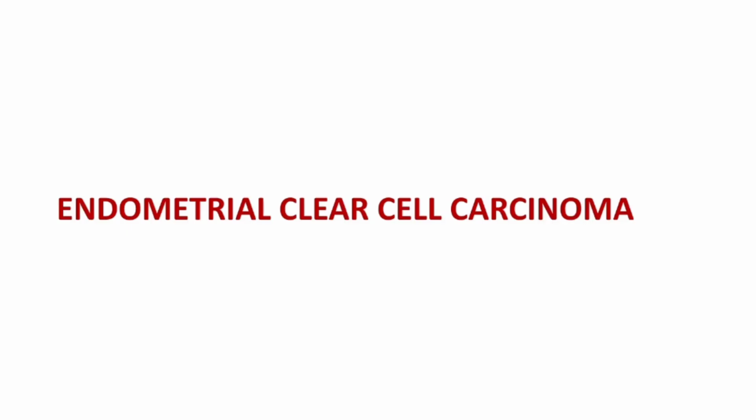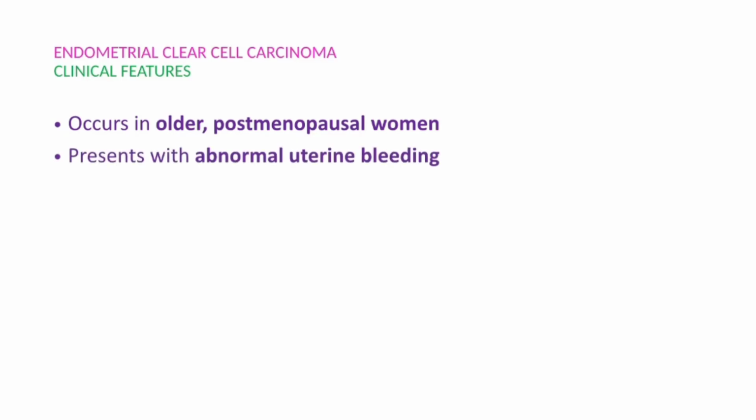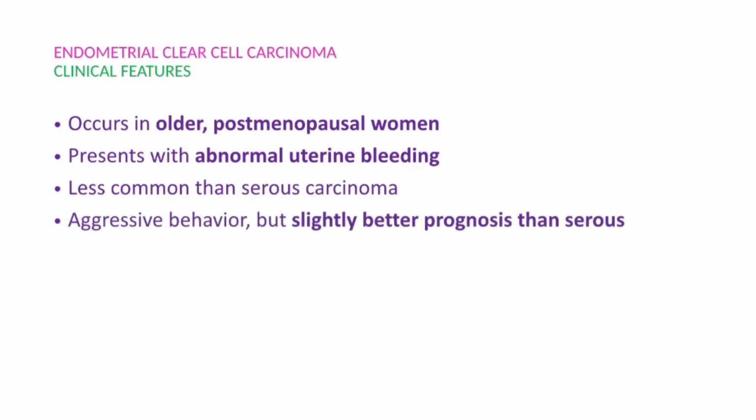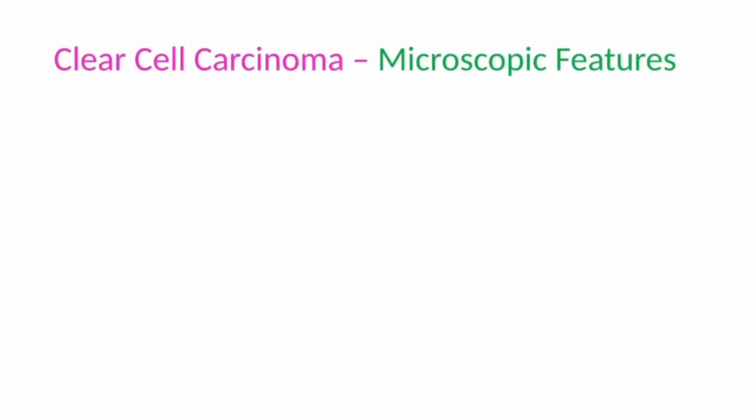Let's move to endometrial clear cell carcinoma. If we see clinical features, again similar to serous carcinoma, it occurs in older postmenopausal women with abnormal uterine bleeding. It is less common than serous carcinoma, aggressive in nature but with a slightly better prognosis than serous carcinoma.